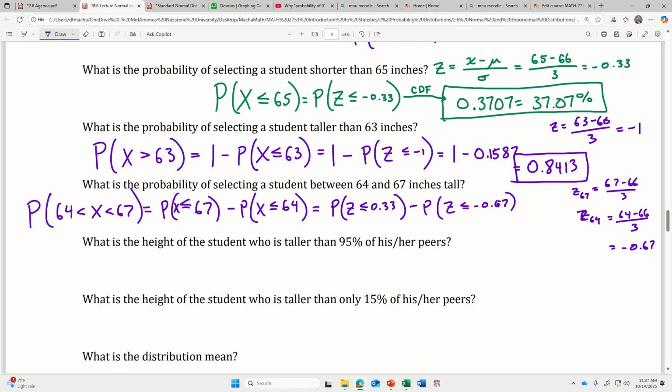And then this is where you use your CDF table twice to look up those probabilities. Since the CDF is the probability of less than or equal to, we look up these probabilities in the CDF table, and then we subtract them to get your answer.